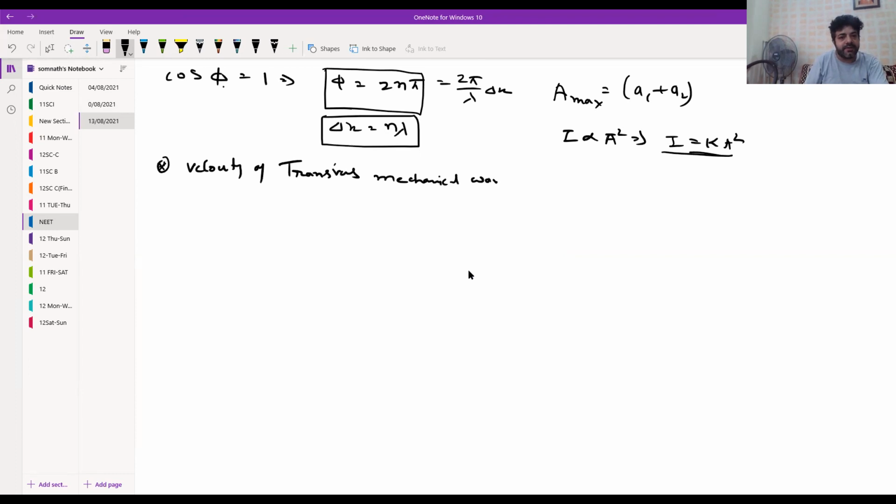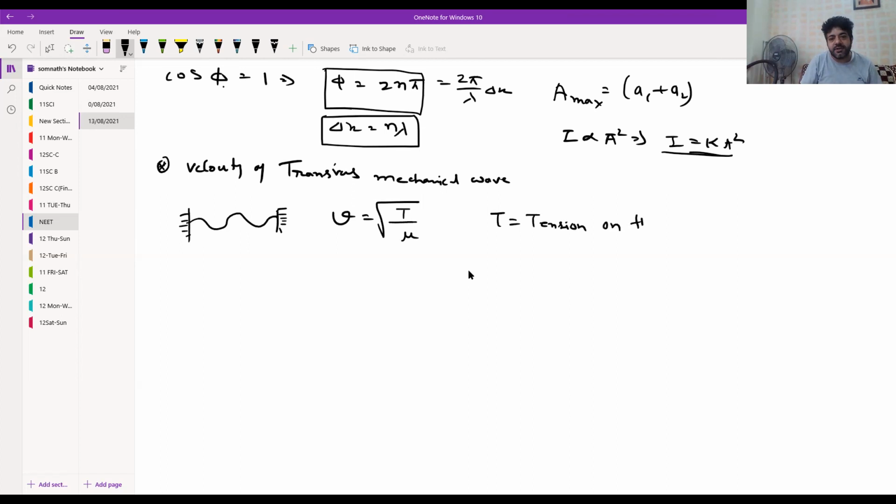In a transverse mechanical wave, suppose you have a wave, and transverse means it is propagating. The formula for the velocity of the wave is root under T by mu, where T is the tension on the string and mu is the mass per unit length of the string.